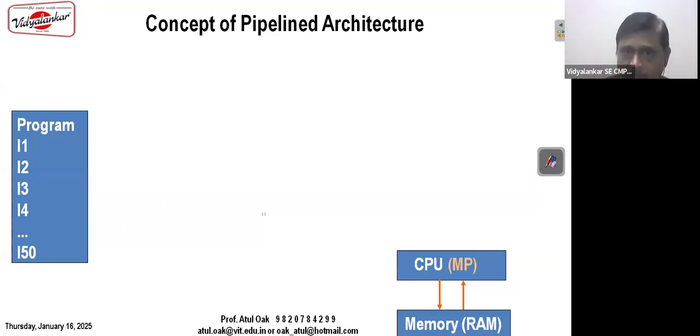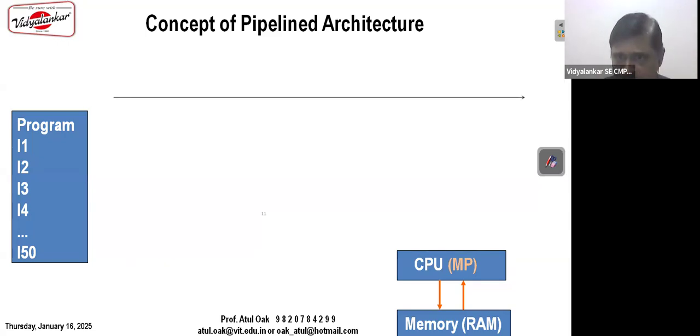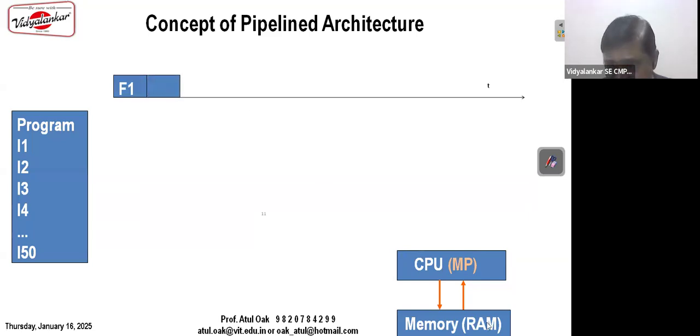One way to run this program is, you can see there is a time axis appearing, the horizontal axis. You read one instruction from the memory, like I1, and get it into the processor. That is called fetch.